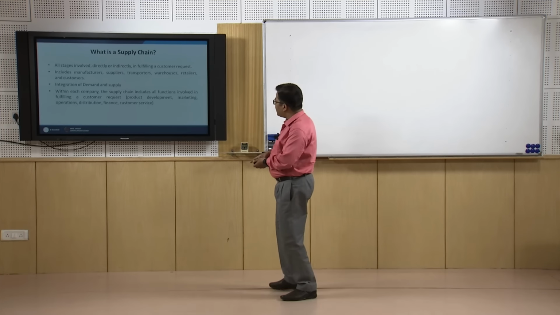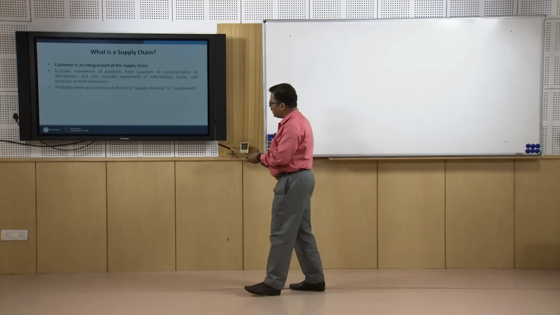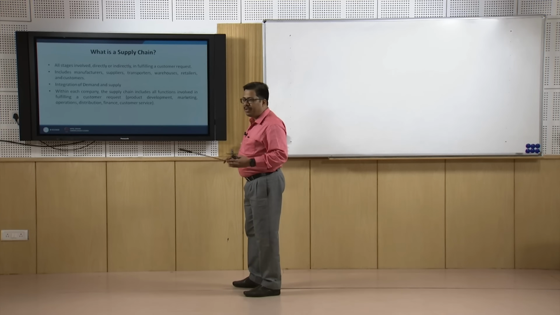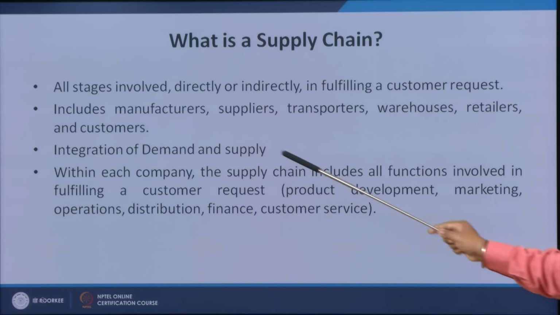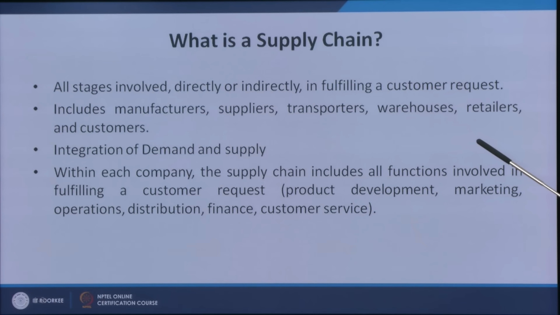Now as we can see, supply chain involves all the stages in the fulfillment of the requirement of the customer, and these stages may include manufacturers, suppliers, transporters, warehouses, retailers, and the customer himself.